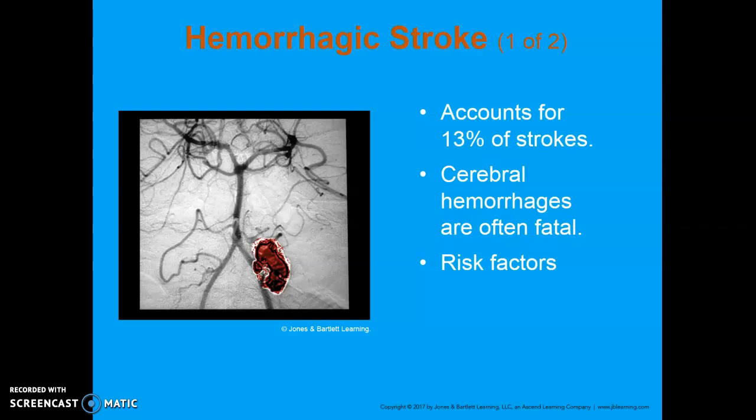So when you start getting that bleed, now all of a sudden you're introducing extra fluid that wasn't there before, and you're building up pressure. And the more blood that escapes into the brain itself, the more pressure there is on the brain. And eventually the pressure has to go somewhere. You have a couple of different spots where it can go.